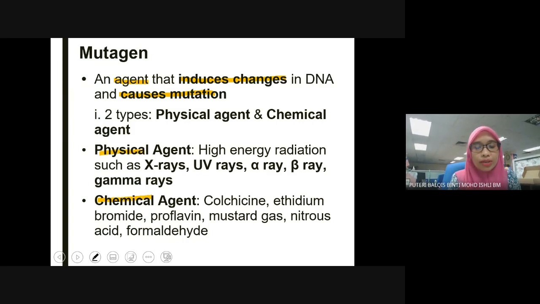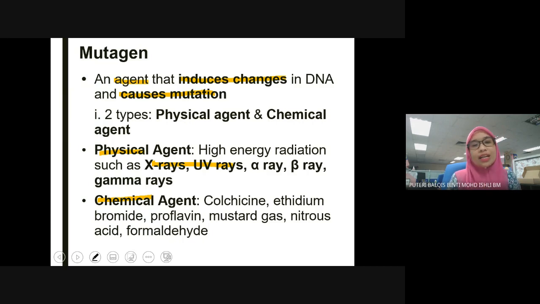For physical, we have high energy radiation such as X-ray, UV ray, alpha ray, beta ray, gamma ray. So yang common adalah dua ni lah, X-ray dengan UV ray. Okay, X-ray, kalau siapa pernah buat X-ray, tahulah dia akan tanya dulu. Kalau perempuan, dia akan tanya pregnant tak, ataupun awak rasa awak pregnant tak.